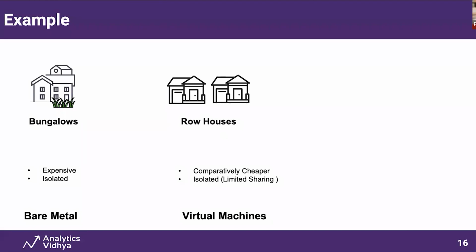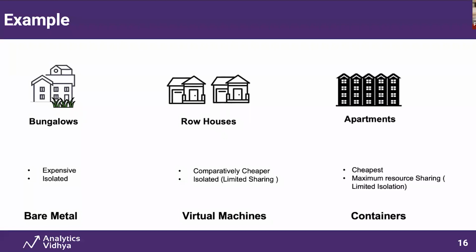Those are the things that row house families would share, but in each row house there would be one family living. So it's comparatively a little cheaper than bungalows, and the isolation is limited. It's not completely exclusive. So you can think of it as a virtual machine because you are sharing your hardware, but each application is running in a different VM.